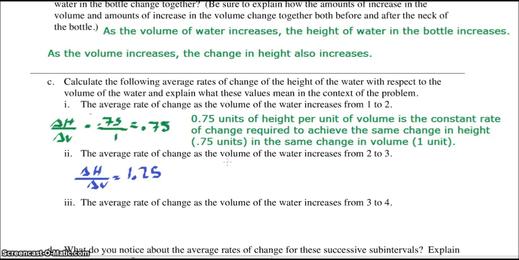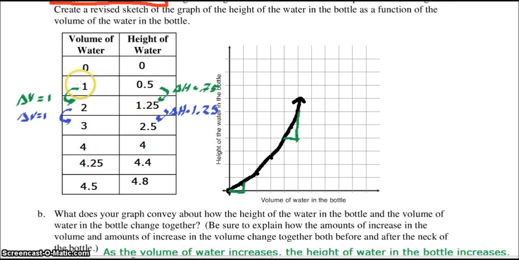Okay, and then the average rate of change as the volume of the water increases from 3 to 4. Again, we have a change in volume of 1 and a change in height of, looks like, 1.5.